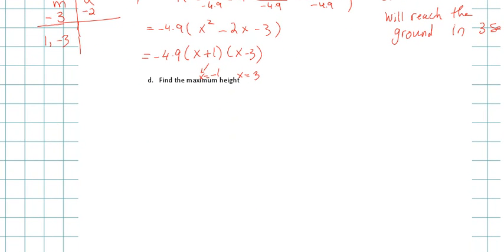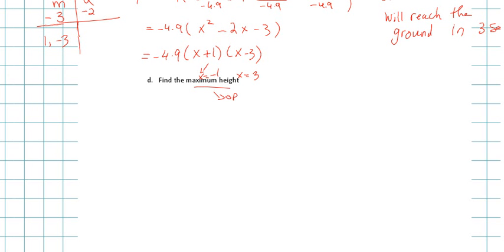So I need to find the optimal value, right? So first step, I have to find the axis of symmetry. To find the axis of symmetry, I have to add the zeros. So -1 plus 3, and then divide by 2.